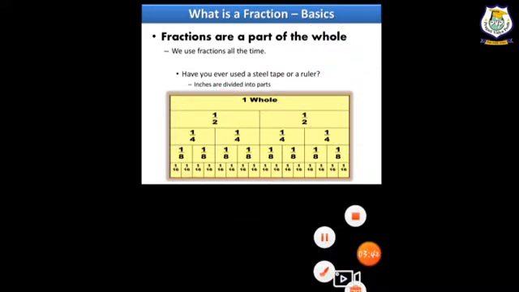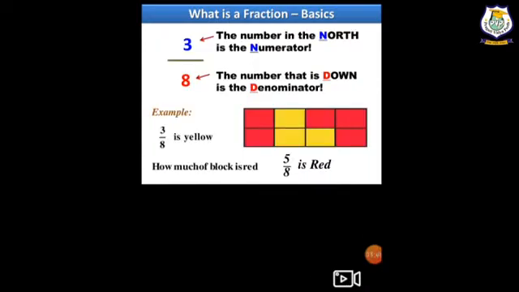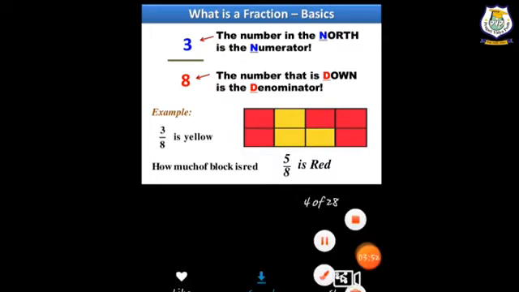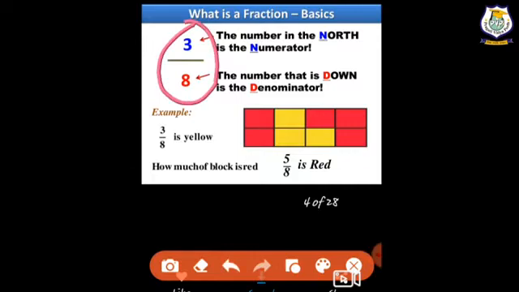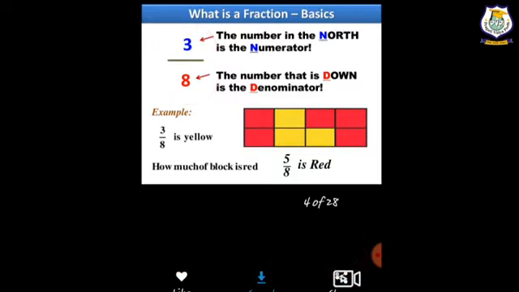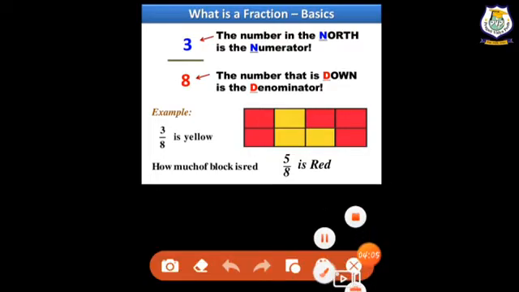Now in fractions, the most important thing is how we write a fraction. A fraction is written in the form given here. Here you have seen 3 and 8, and the middle line is given, right?